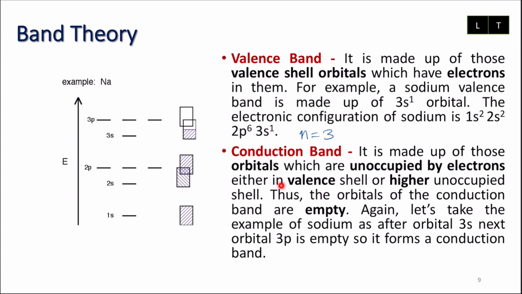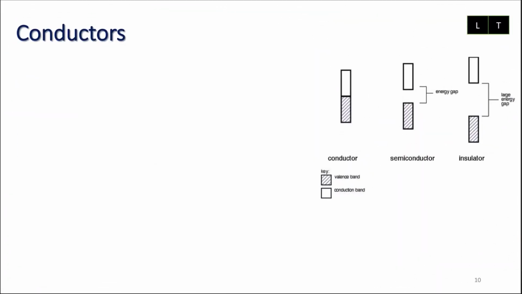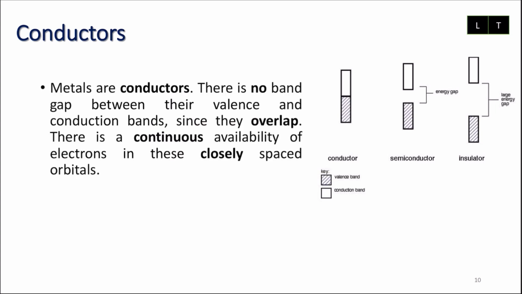So 3p itu akan jadi empty. So it forms a conduction band between 3s orbital. So itu maksud conduction band. So dalam kes ini, kita faham term tentang conductors. Sekiranya awak ada metals usually are conductors. So maknanya there is no band gap between valence band and conduction band.